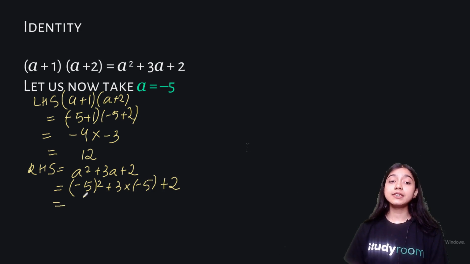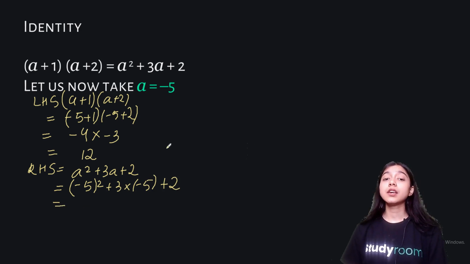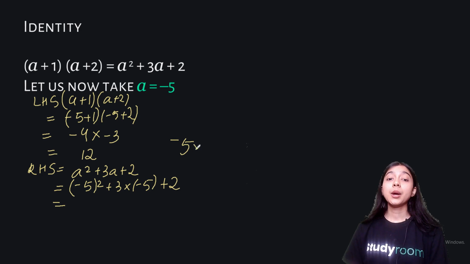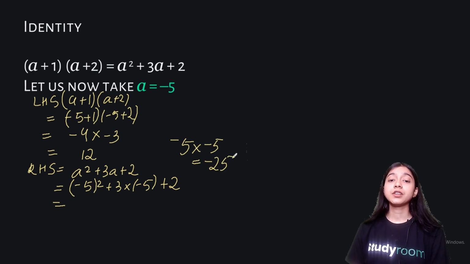In this case, minus 5 square means minus 5 multiplied with minus 5. Sorry, it will be plus 25 because minus into minus gives us plus, and 5 into 5 is 25. And over here we have plus into minus, which will give us minus. 5 into 3 is 15, and over here we have plus 2.